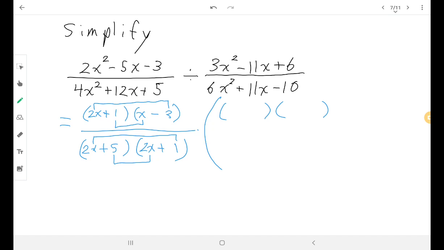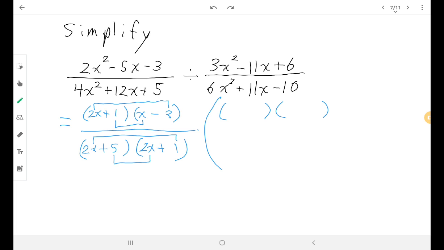So again, I need things that multiply to make 6x squared. I need things that multiply to make 10. This one requires more thought because there are more factors to check.